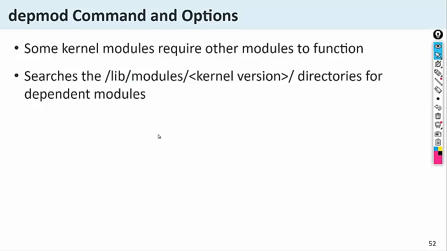If you want the latest version, you can use the depmod command. If you want to only check the dependent modules, you can use the depmod command and its options.